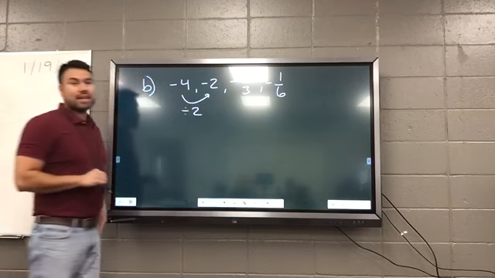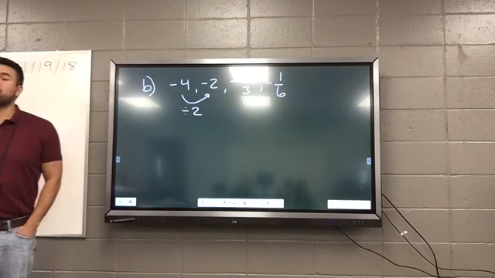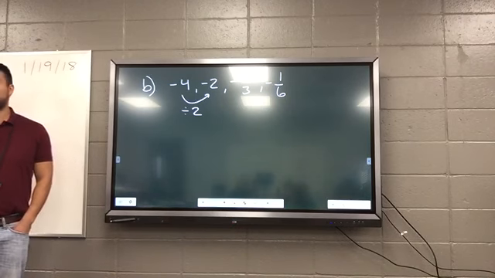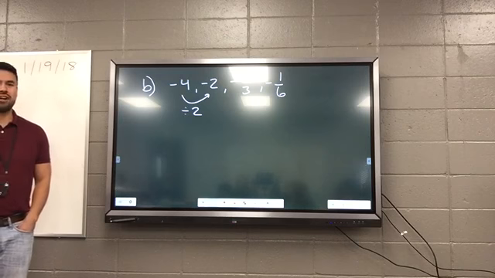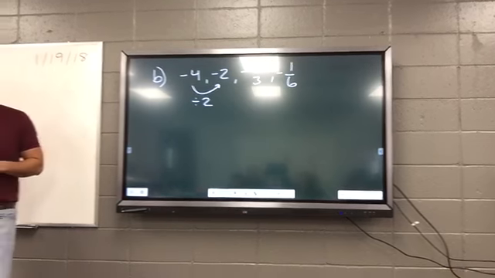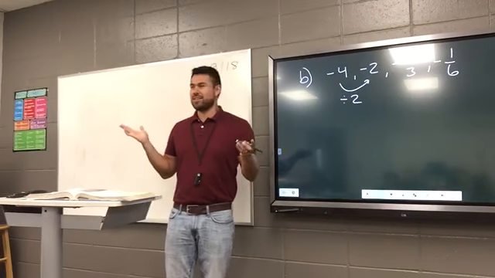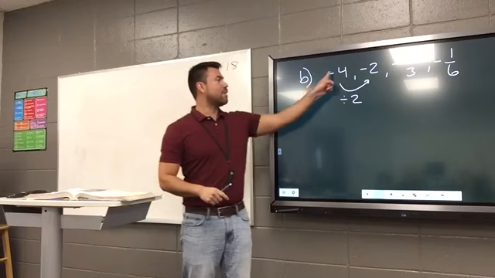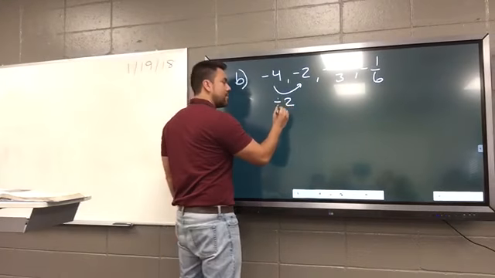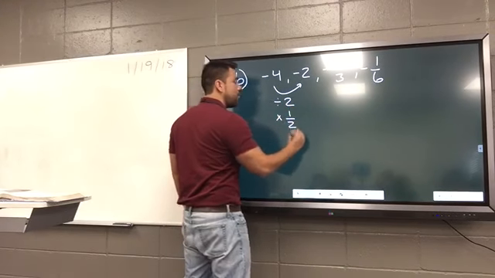What is dividing by 2 as a multiplication problem? Remember, stay, change, flip. Stay, change, flip. Almost got that wrong. Stay, change, flip. So, ready? -4 times, instead of dividing by 2, you can say it's multiplying by half.